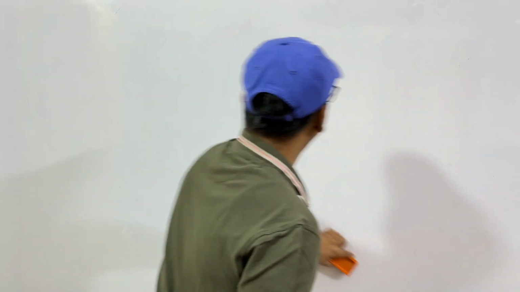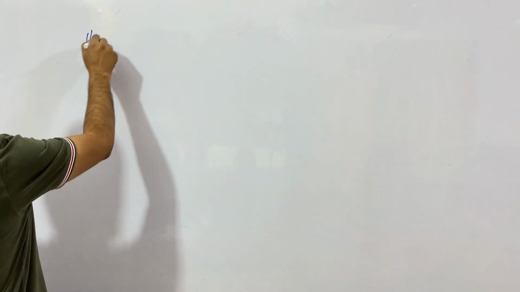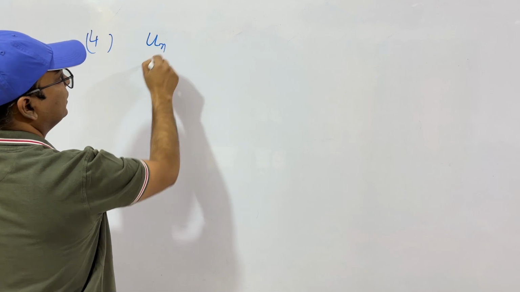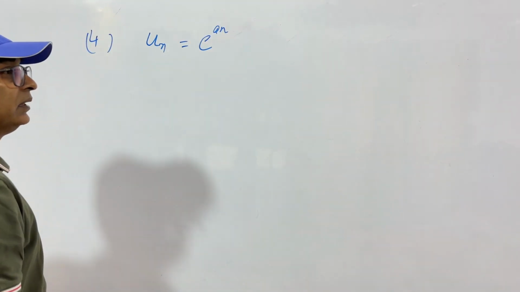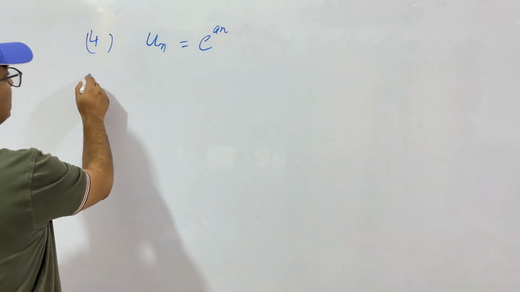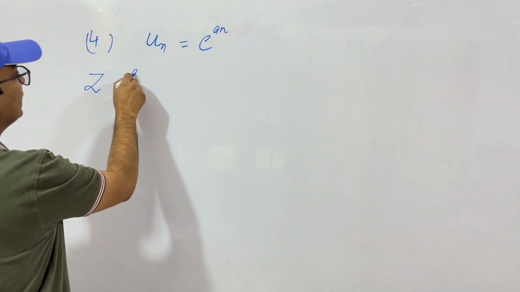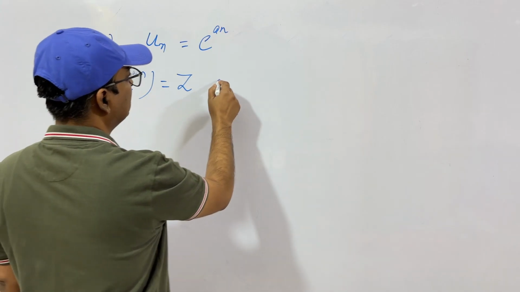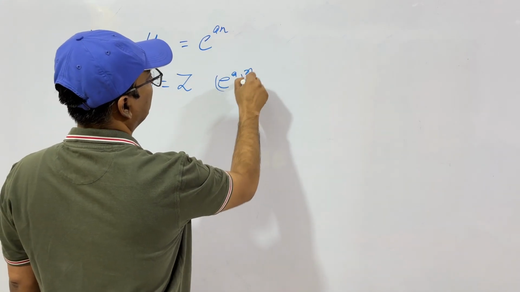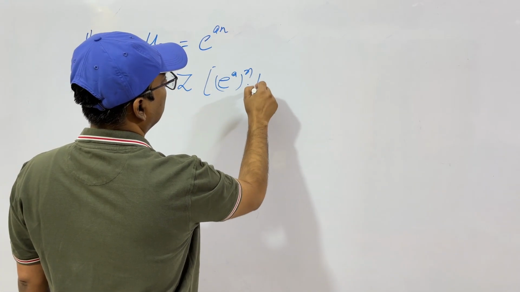Now let's see our fourth example. What if u n, the discrete signal, is e to the power an? What will be the z transform of this? See, it's very simple. Z of e to the power an, this is what we have to compute. This can be written as (e to the power a) to the power n, and this is times 1.